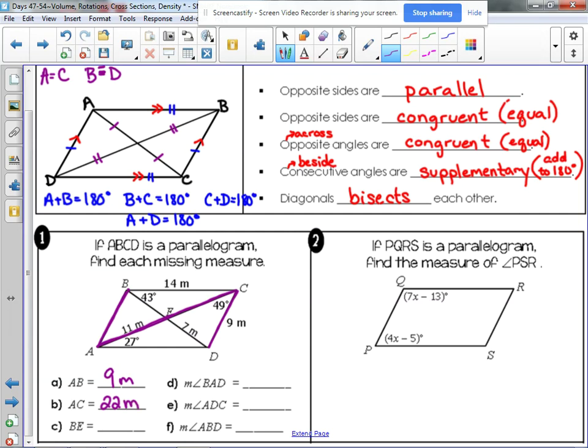A to E is half of it, so 2 times 11 is 22. Okay, B to E is half of that diagonal right there. The other half of the diagonal is labeled with 7, so B to E is the same. It's also 7.